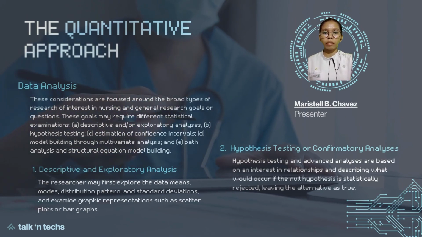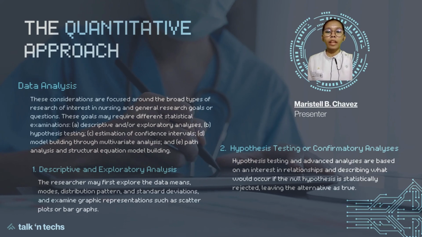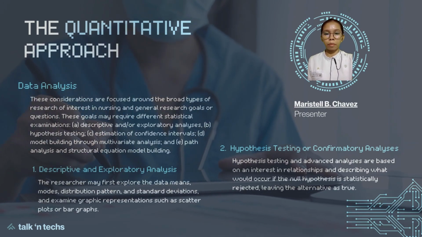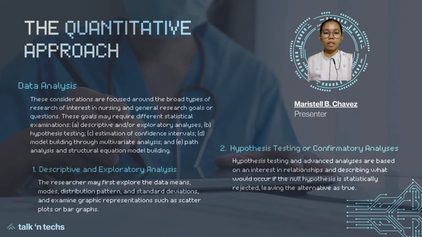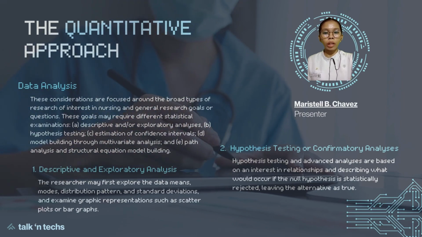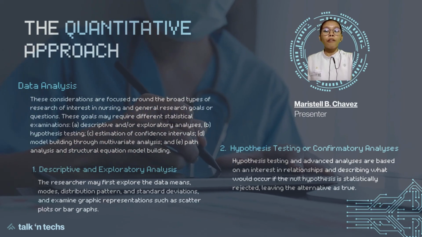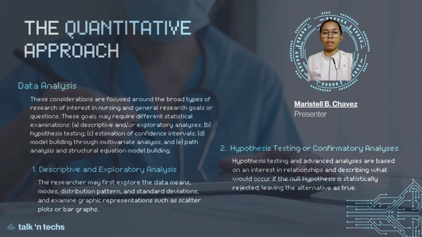Various types of nursing research studies may contain a number of these goals. For example, to test an intervention using an experimental or quasi-experimental design, one may first perform descriptive or exploratory analysis, followed by tests of hypotheses.